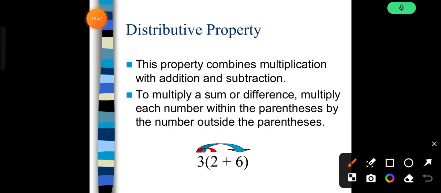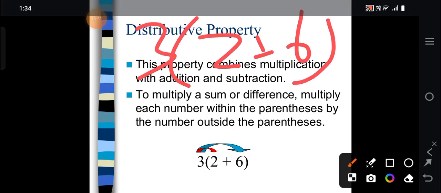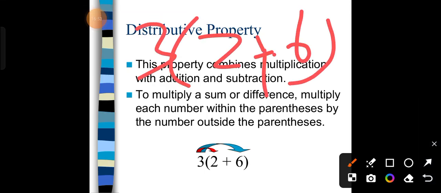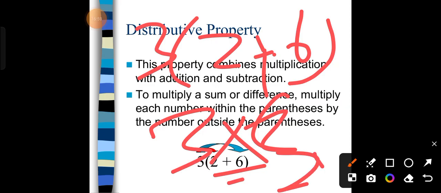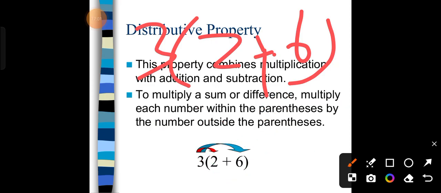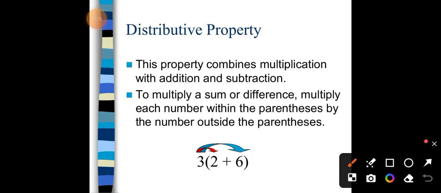Now, in the other way, you can see that we can add 6 plus 2, which gives you 8, and 8 multiplied by 3 gives you 24. For checking the answer, because it's definitely important, you're gonna do this step.